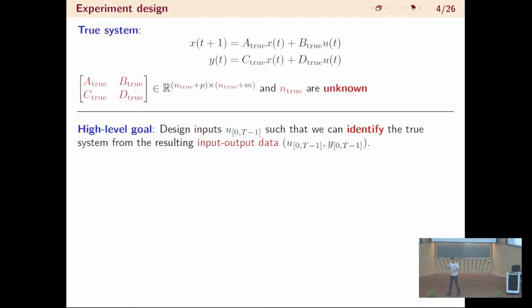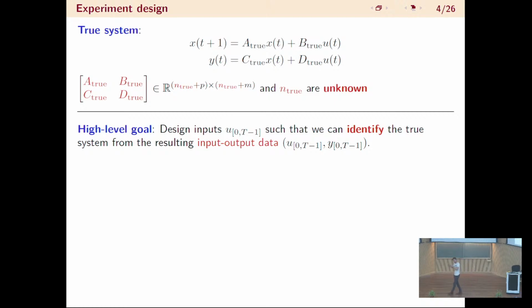I do assume some prior knowledge, which I will introduce shortly. But let's talk first about the high-level goal. So what do I want to achieve? In this lecture, I want to design inputs, u_0 up to u_{t-1}, in such a way that the resulting input-output data allow me to uniquely identify the system. So I design these inputs of the experiment.